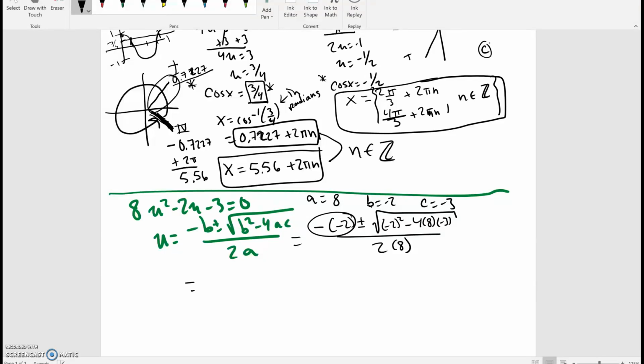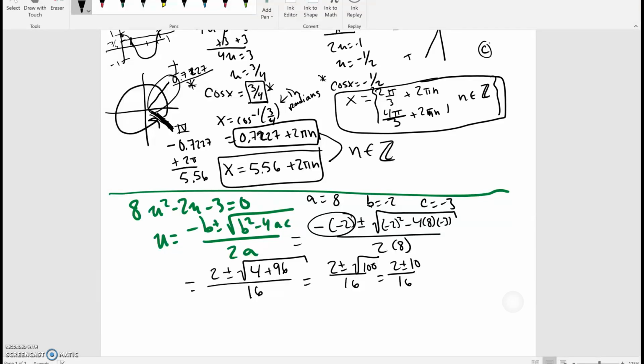This is going to give me a positive 2 plus or minus the square root of 4. Negative 4 times a is going to give me negative 32. Negative 32 times negative 3 is going to give me positive 96, divided by 16. So 2 plus or minus the square root of 100, divided by 16. 2 plus or minus 10 divided by 16.